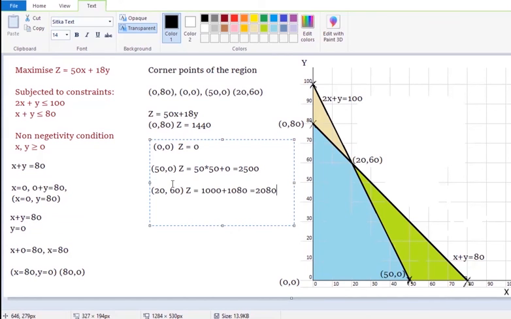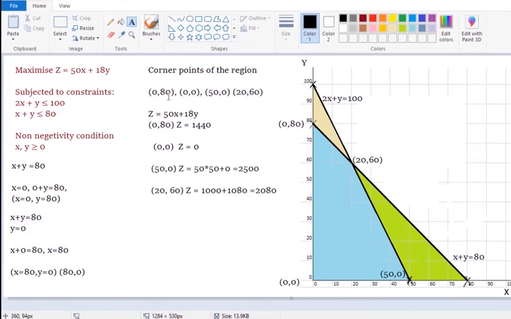So these values are 1440 for the corner point 0, 80. And the value is 0 for the corner point 0, 0. And the value is 2500 for the corner point 50, 0. And the value is 2080 for the corner point 20, 60. So which of these corner points gives the highest value for the objective function?